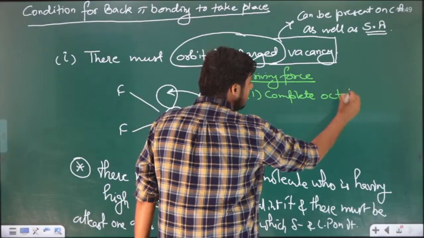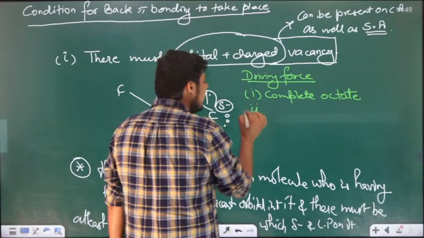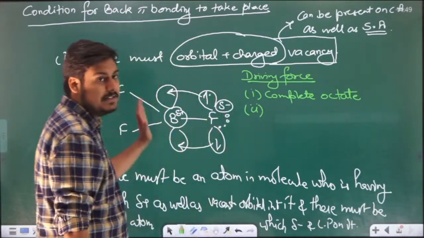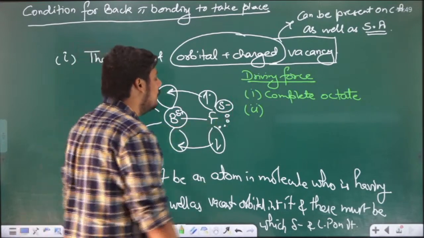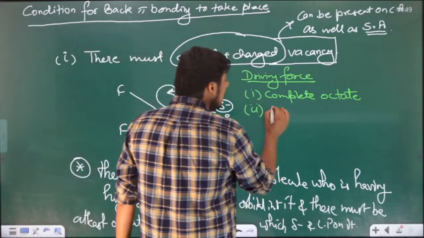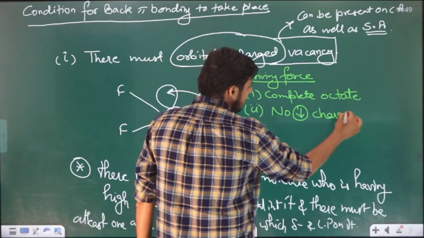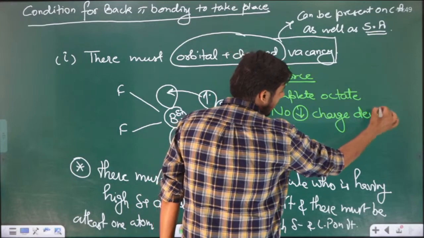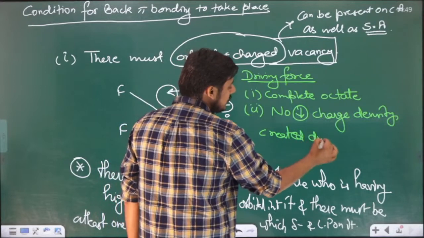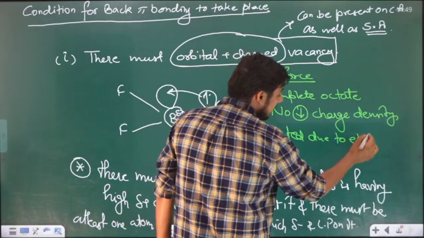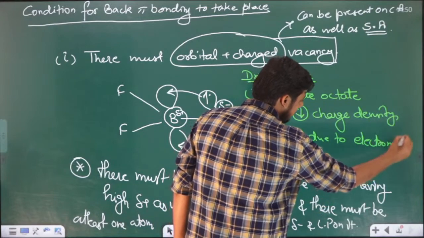Octet completion is the primary driving force, and the second driving force for this type, particularly where there is an incomplete octet, is to decrease charge densities, charge density created due to electronegativity difference.